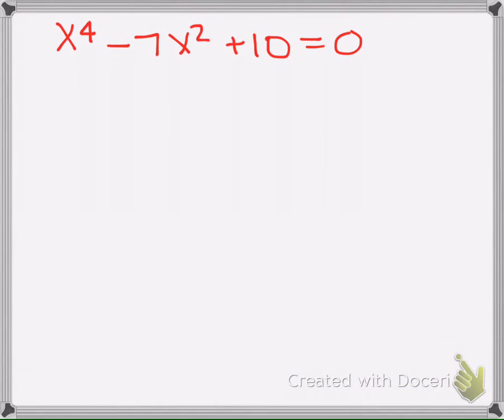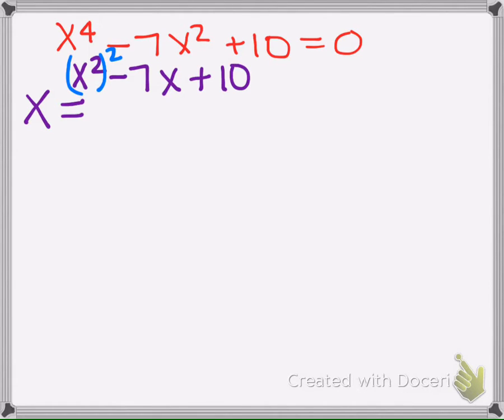Okay, so now we could also solve this using the quadratic formula, but remember the quadratic formula tells us what x is. Normally we have like x squared minus, let's say, 7x plus 10. Well, this time it's x to the fourth, so if you square that, you'd get x to the fourth.